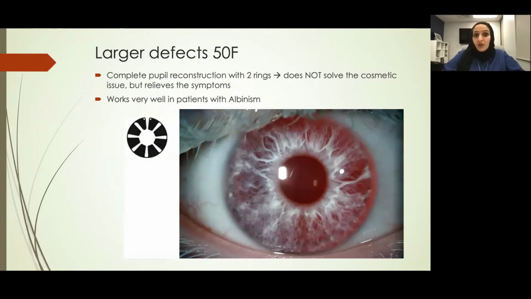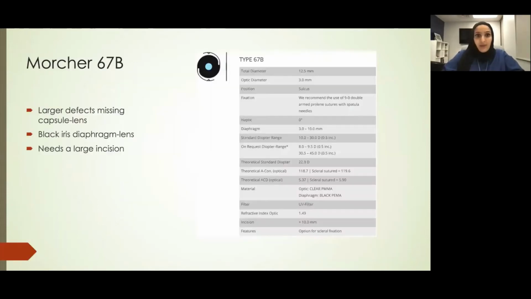So placing 2 rings of 50F will help a lot to have a very good cosmesis. It's very functional to take off most of the symptoms. However, the patient will still be symptomatic because, as we know, the choroid and the retinal pigment epithelium does not contain functional pigments, so the sclera will still transilluminate.